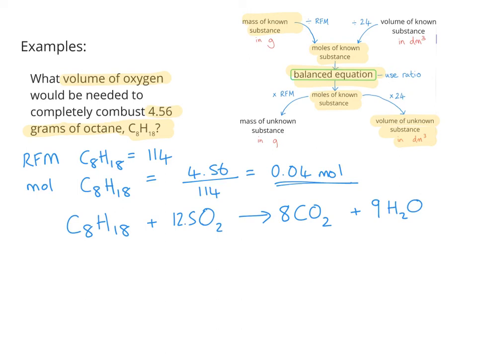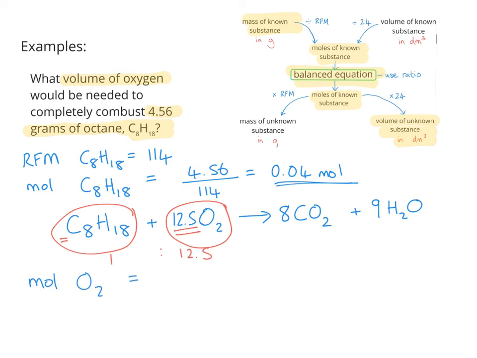Now it's time to look at the balanced equation. So here is octane, I forgot to underline them earlier, and oxygen is the other thing I'm worried about. It doesn't matter what side of the equation things are on, it's the numbers in front that are important. There's no number there, so that tells me that 1 mole of octane reacts with 12.5 moles of oxygen. So therefore I can now work out my moles of oxygen.